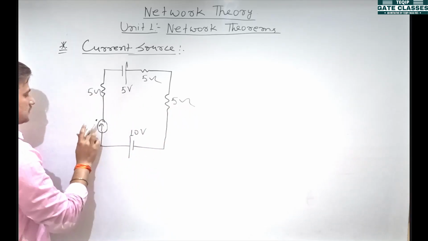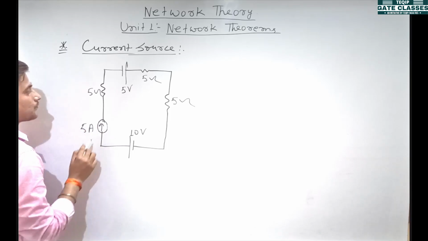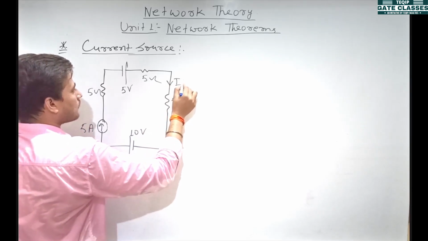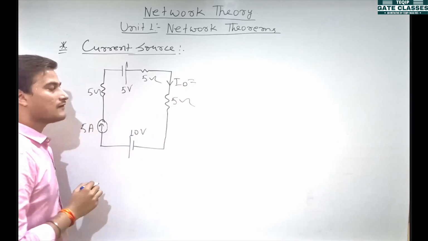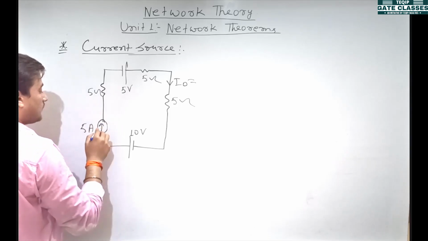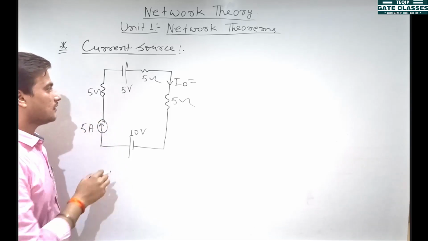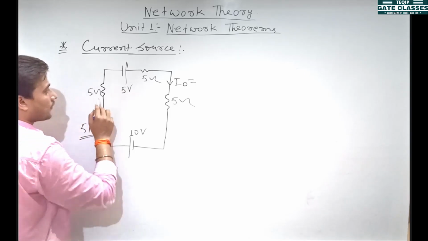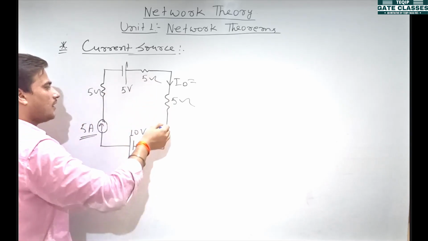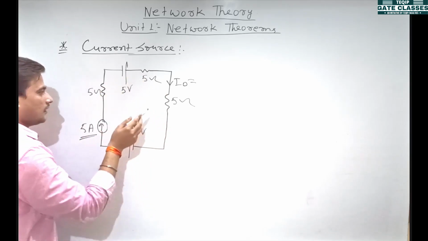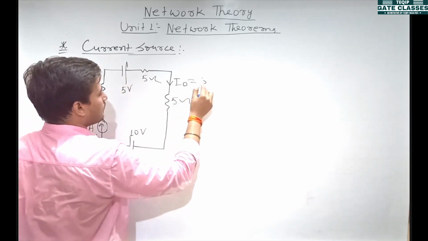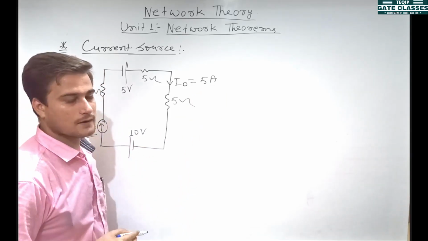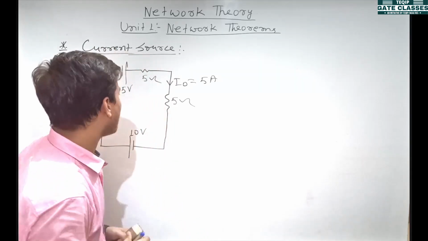This is 5 ampere. This is 5 ampere. Somebody is asking you to find the value of I naught. So what will be the value of I naught? See, there is one current source connected in this circuit. Its value is 5 ampere. So here, irrespective of any resistances or voltages, its value will be 5 ampere. Clear?